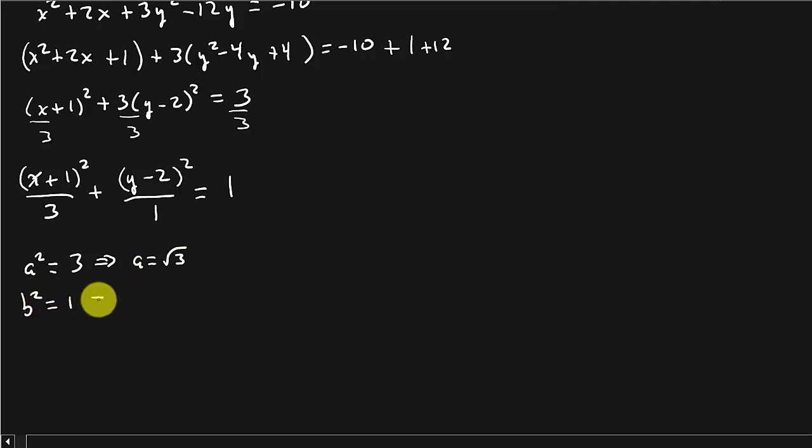Here, b squared is 1, which tells me b is equal to 1. All right? So, oh, and look, this one's different. My center's not at 0, 0. So this tells me that I'm going to have a center at what? Negative 1, 2. Okay? Negative 1, 2 is my center.